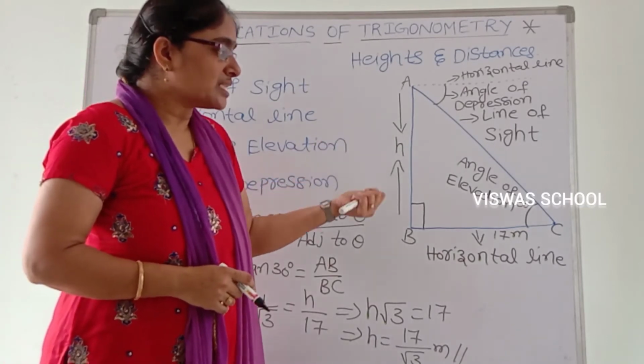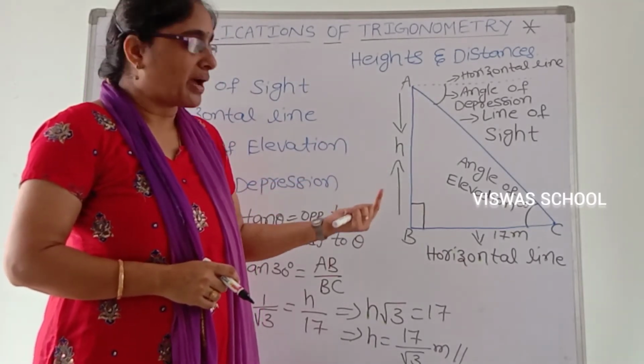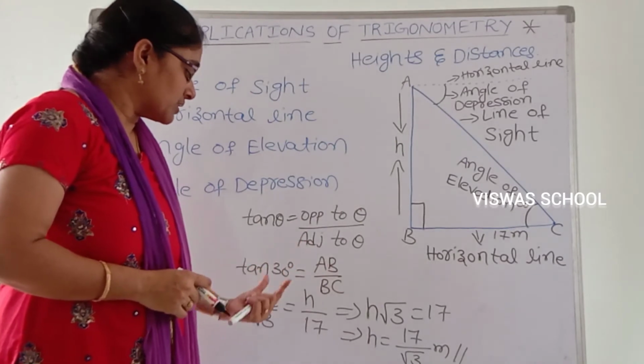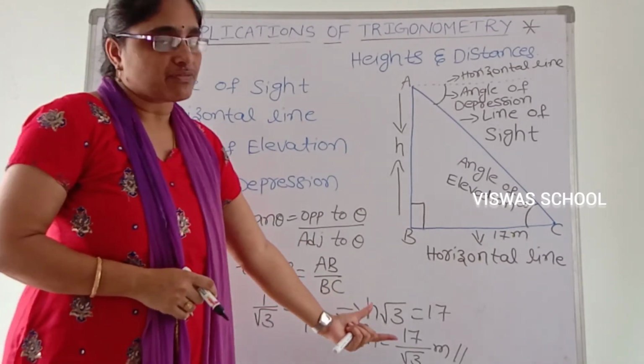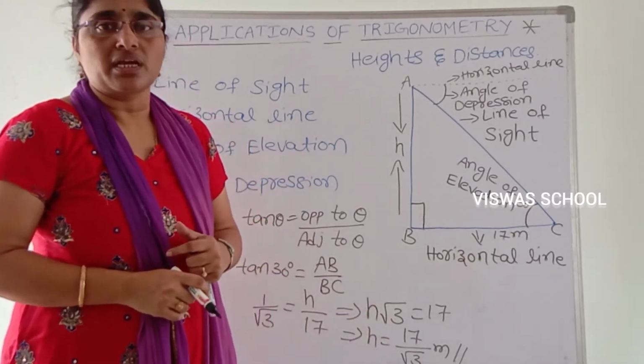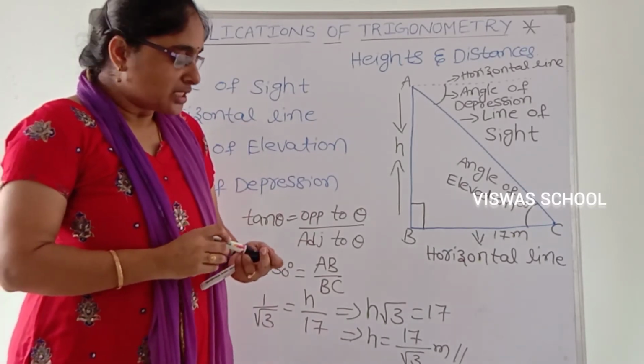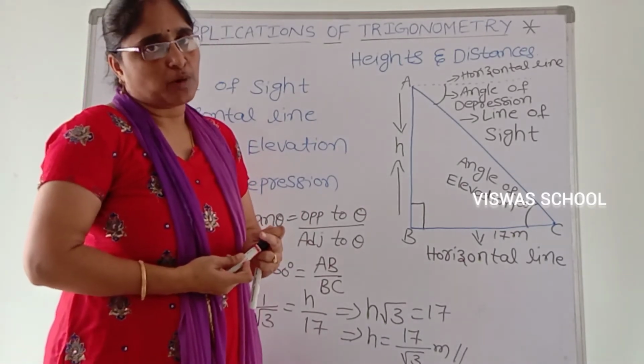That is by using the knowledge of trigonometry, the trigonometric ratios and the trigonometric values. We are finding the height of any object very easily. In this way, we can solve any type of problems.